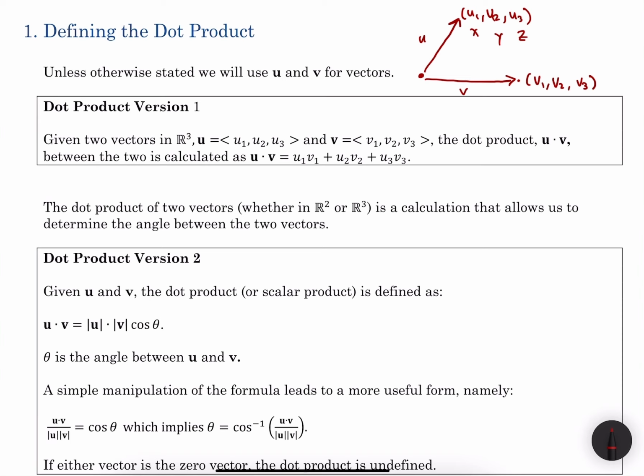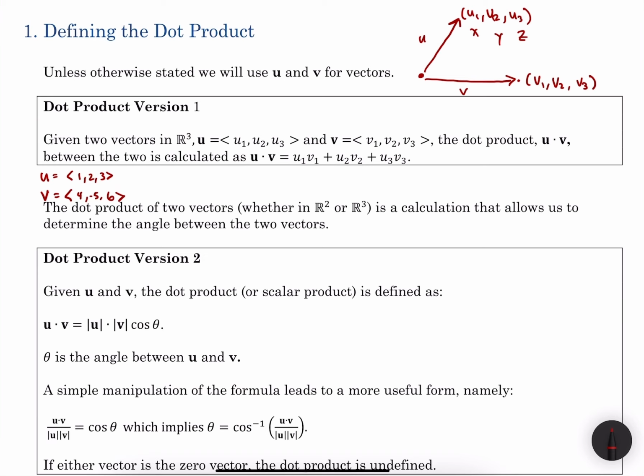dot product. So an easy example is, say we have u equals the vector 1, 2, 3, and v equals the vector 4, we'll say -5 so the number doesn't get too large, and 6.